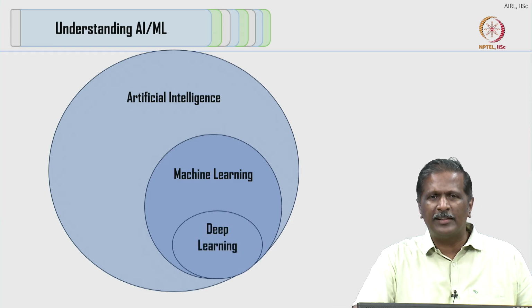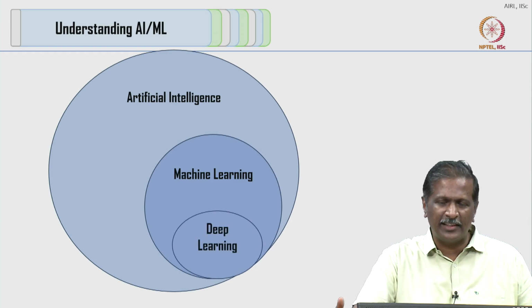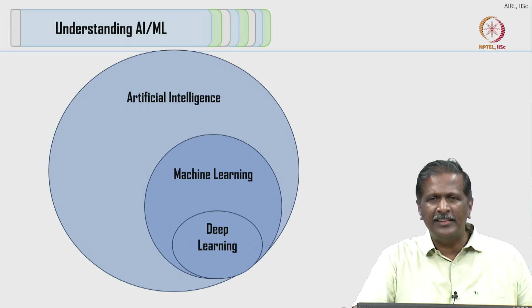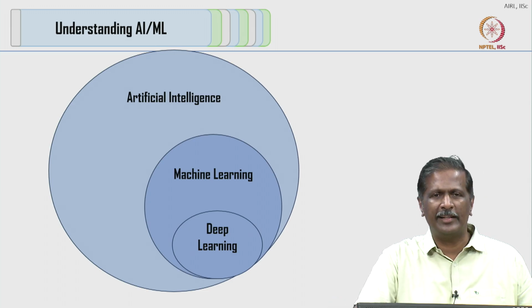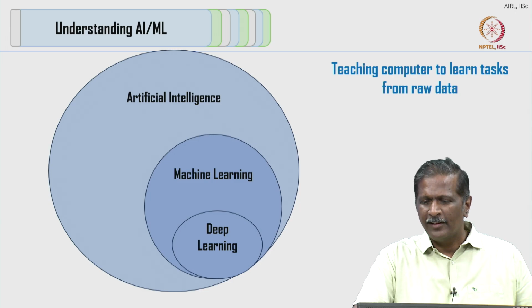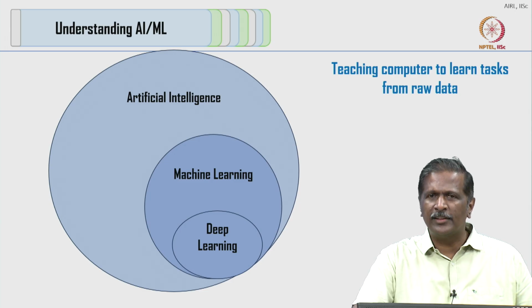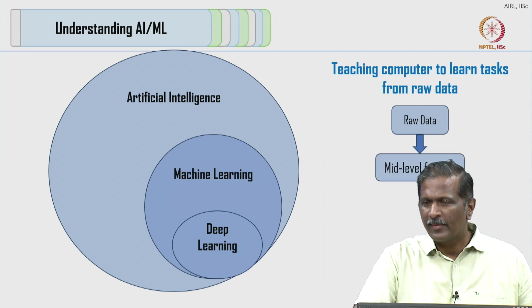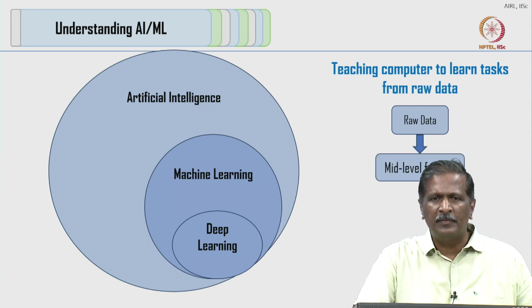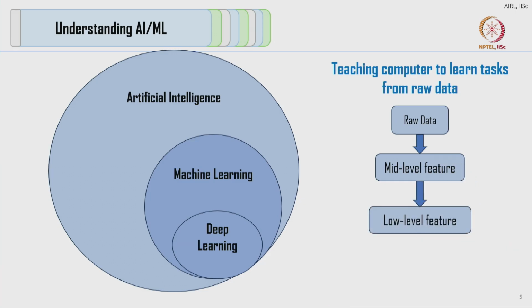Whereas in deep learning, features are automatically extracted, and you learn the features and the knowledge simultaneously, right? When teaching the computer to learn a specific task, raw data is given. From there it extracts some abstract features, right, mid-level features and low-level features, and with all these mid-level and low-level features it tries to get an abstract representation of the pattern present in the raw data, right?